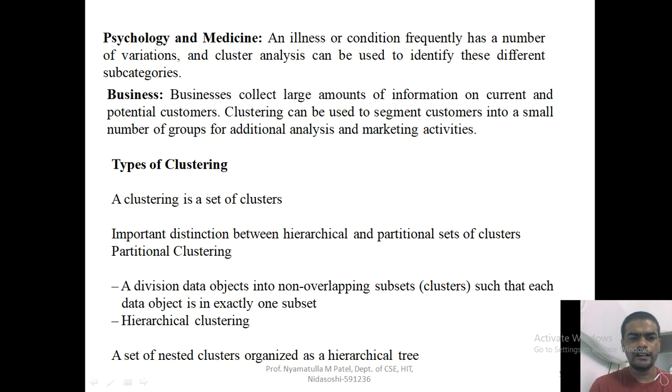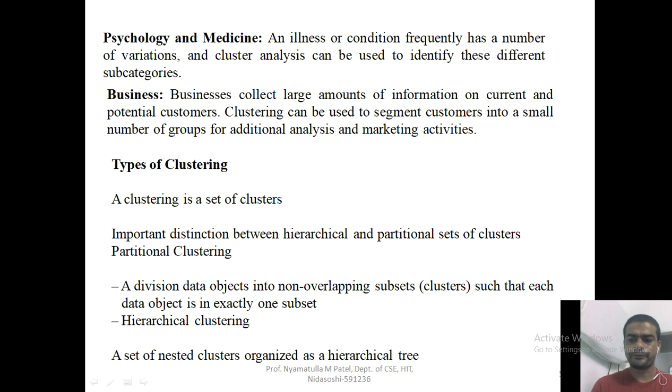Consider first partitional clustering: a division of data objects into non-overlapping subsets (clusters) such that each data object is in exactly one subset. So, here the different items are grouped into particular groups such that they are non-overlapping subsets, meaning each group is different from one another, and an object is in exactly one subset.